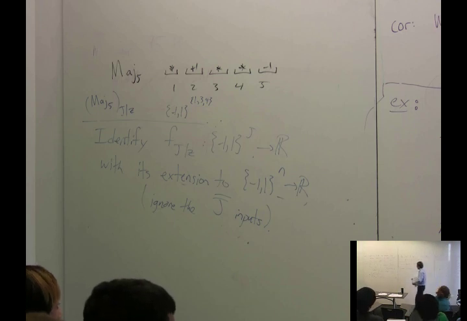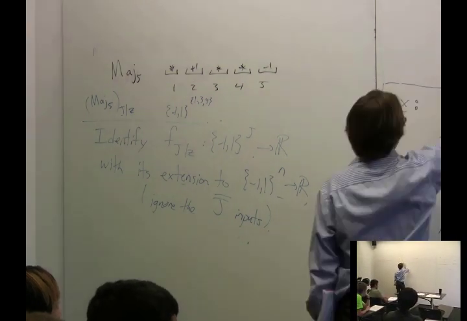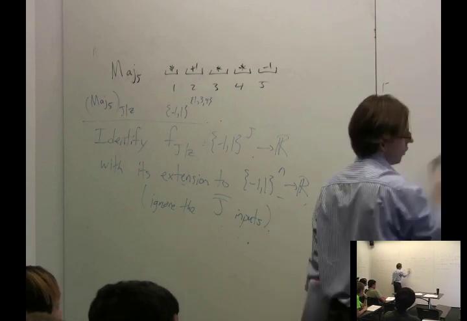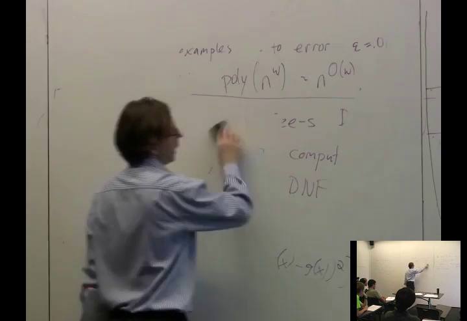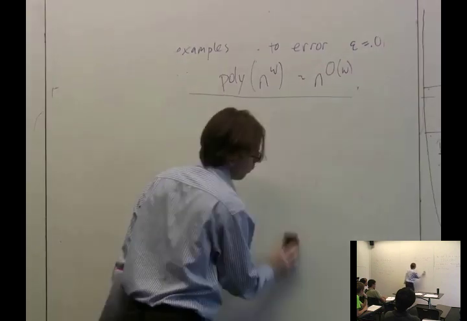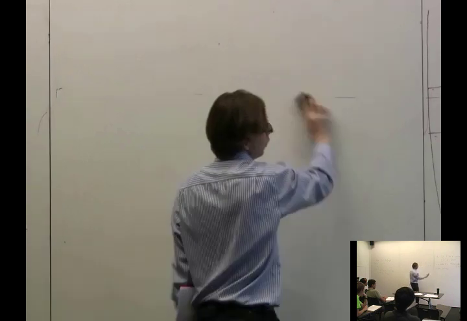As we'll see in a second, you can understand the Fourier expansion of the random restriction of a function in terms of the original Fourier expansion very nicely. And so this combination of two things, looking at functions under random restrictions from the combinatorial or concrete complexity side, and also from the Fourier side, is very powerful.